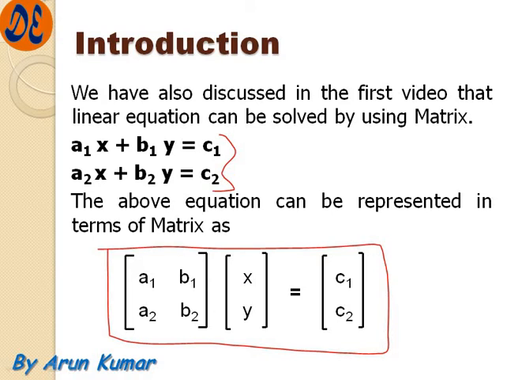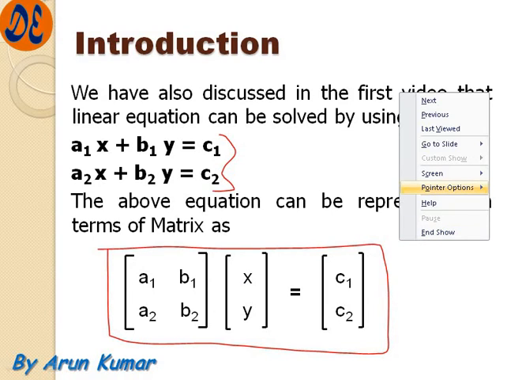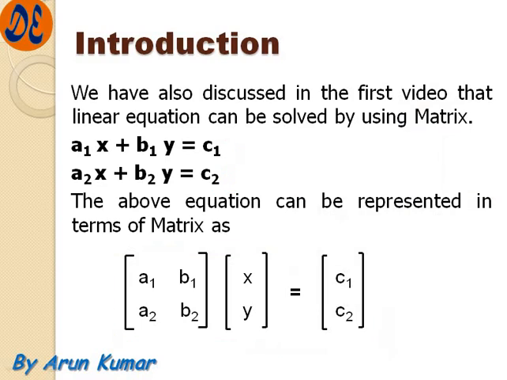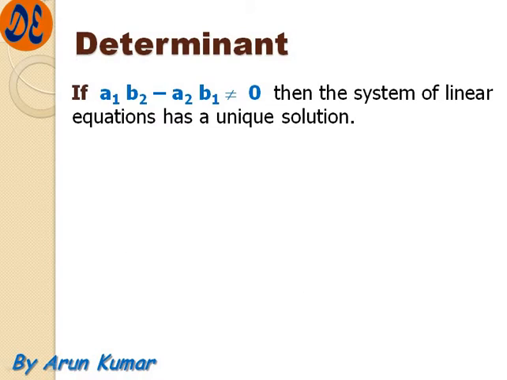Now let us see how we will be doing this. We will see step by step what is required. So first let us see what the determinant is. If a1 into b2 minus a2 into b1 is not equal to 0, then the system of linear equations has a unique solution.